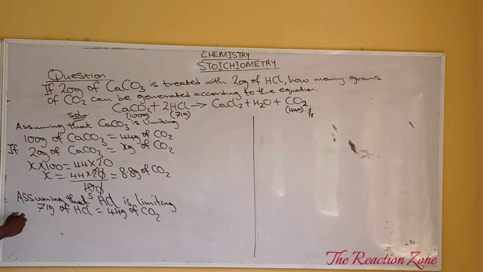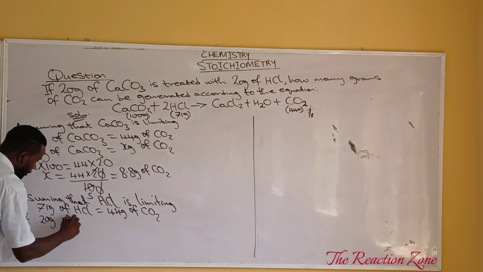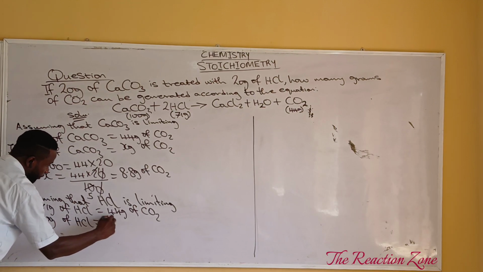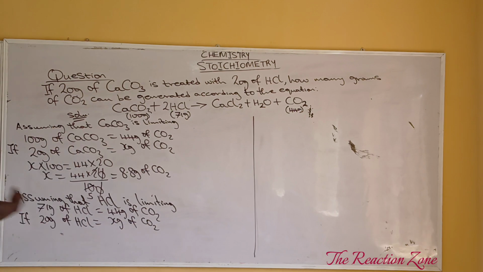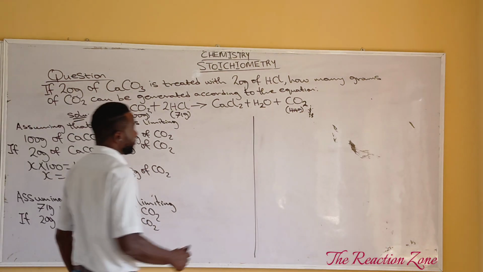Now, if this is the case, we say if 20 grams of HCl, because the mass of HCl according to the question is 20 grams, will give us X grams of CO2, the next thing is to cross multiply.